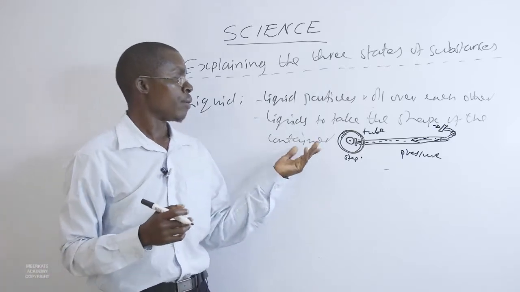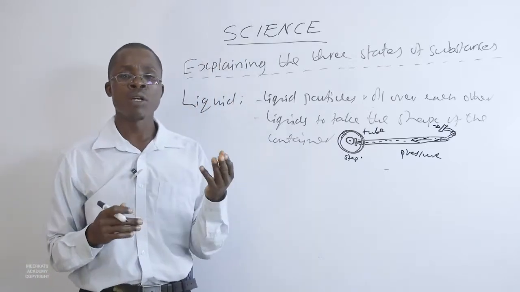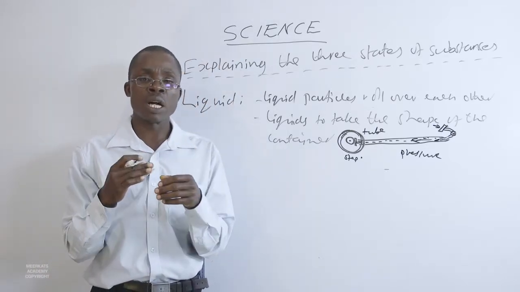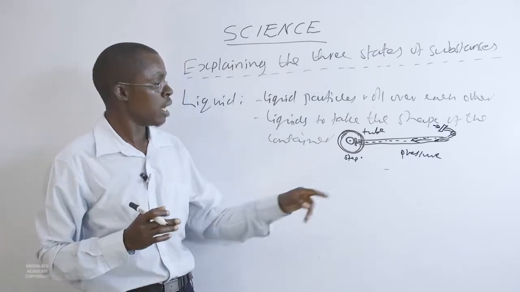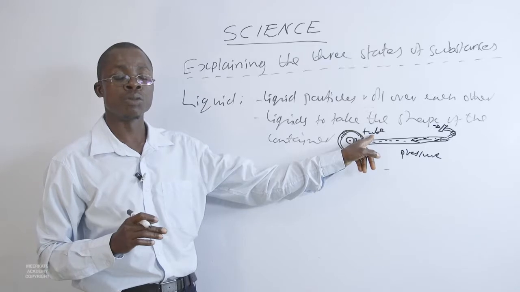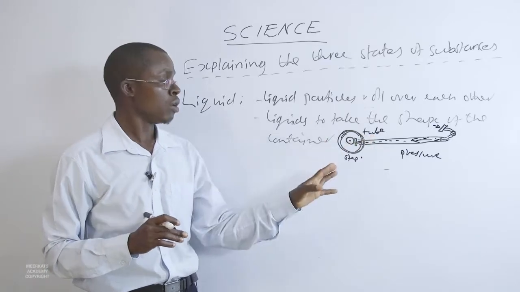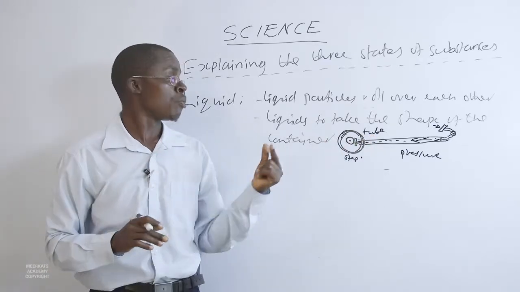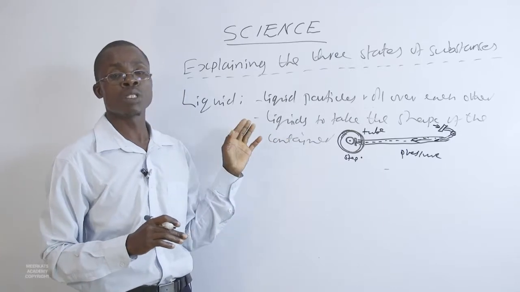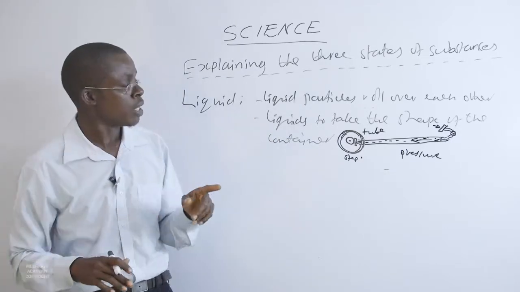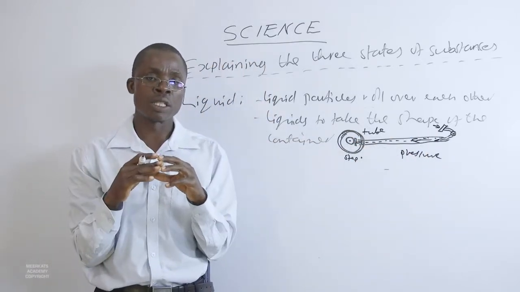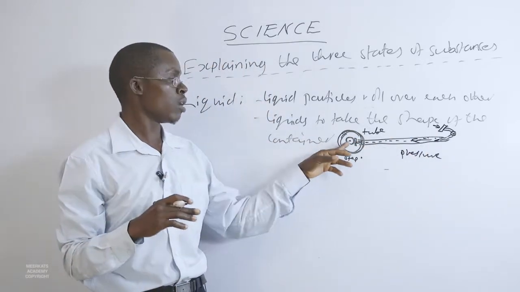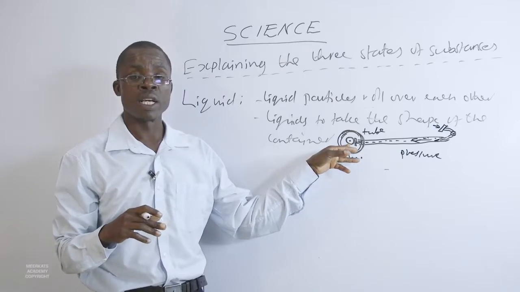So here we are applying the aspect of, one, the particles rolling over each other, which means they move to take the shape of the container, and the container here is the tube. And also you are using the property that liquids cannot be compressed. So there is no way you will have to push the liquids to come together, so that there is no effect at the further end.